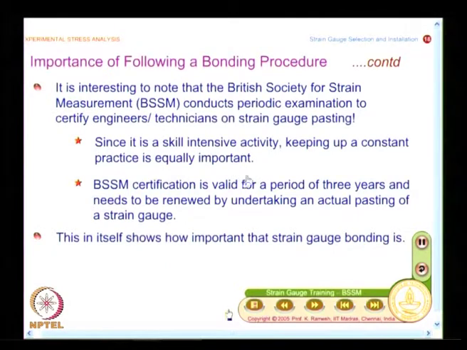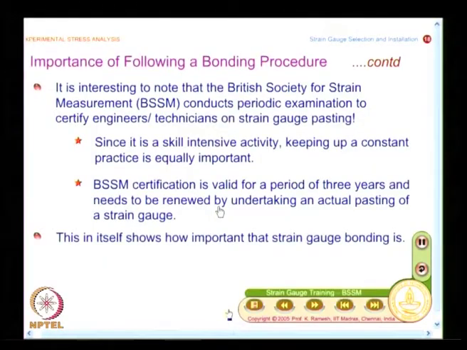And I have noticed that BSSM certification is valid for a period of 3 years and needs to be renewed by undertaking an actual pasting of a strain gauge. So, you need to renew it every 3 years. The examination automatically tests your skill.